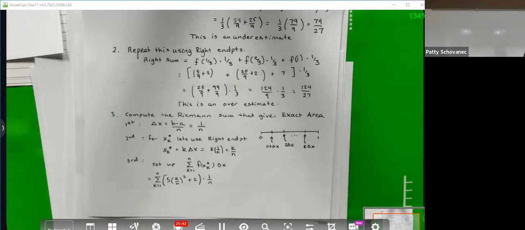So now we're going to try to simplify this so that I have a summation on the variable k where we could use our formulas. So I've got to take this and write it as k squared over n squared. So this will be 5k squared over n squared times this 1 over n gives me 5k squared over n cubed. And then I distribute here and get a 2 over n.